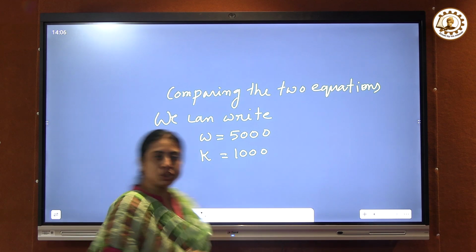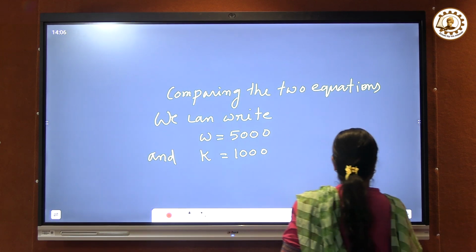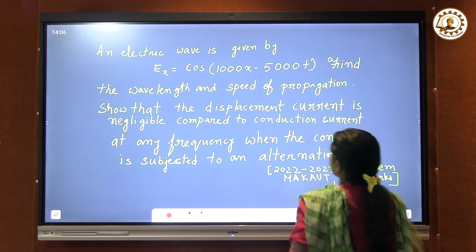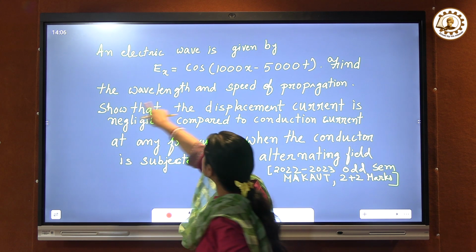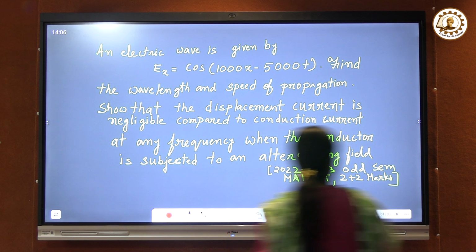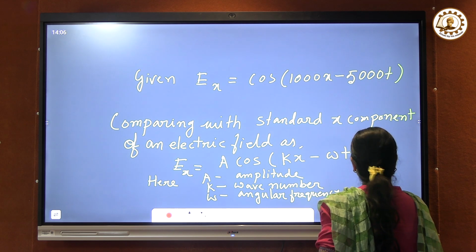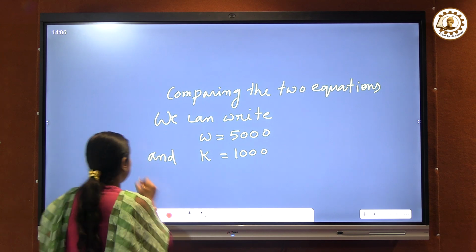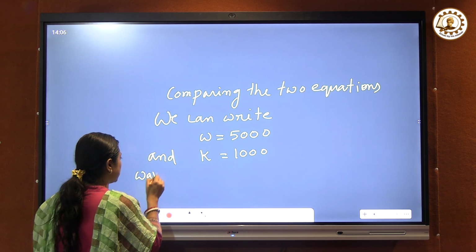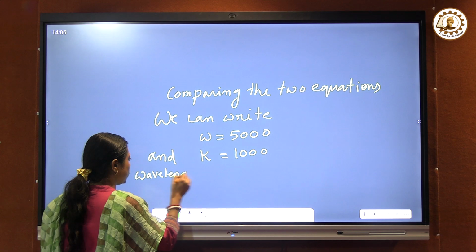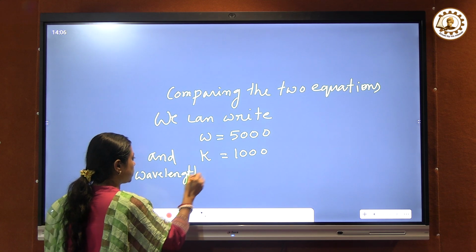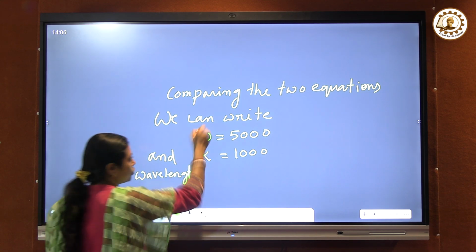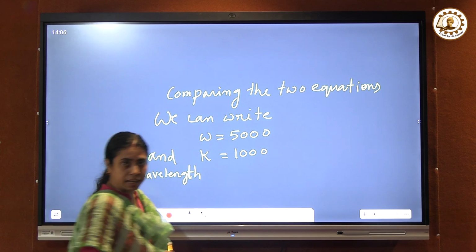Now, in the question they asked what is the wavelength and speed of propagation. So we have to find a way to connect the wavelength either with omega or with k.